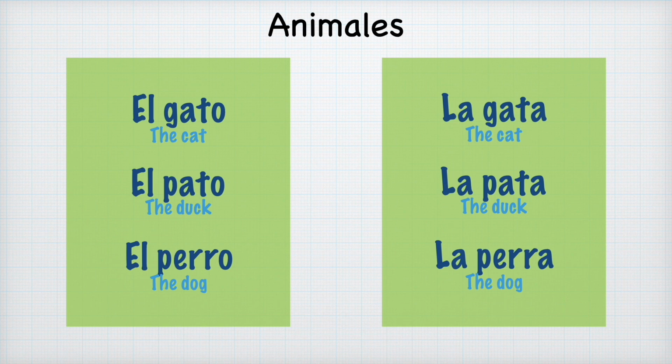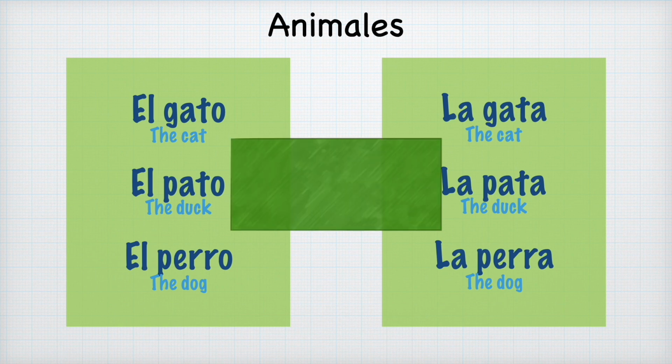So we have male on the left and female on the right, and the article corresponds to the gender. We also have the situation where the name completely changes from male to female. El toro, for example, it means the bull. The cow is la vaca, but it's very similar to English, right?